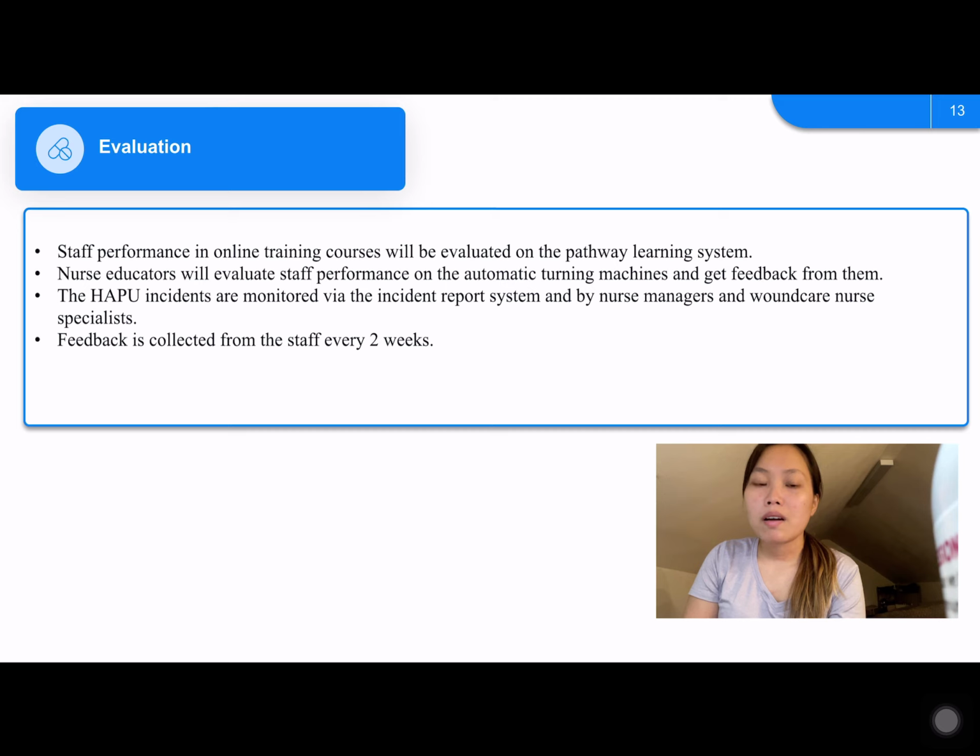Because of that, the nurse manager is able to keep track of all the incidents related to hospital acquired pressure ulcers, and also compare that to see if the intervention has a positive effect on pressure ulcer prevention and control. So we expect that the incident rate will decrease after using the turn team and the automatic reposition system.